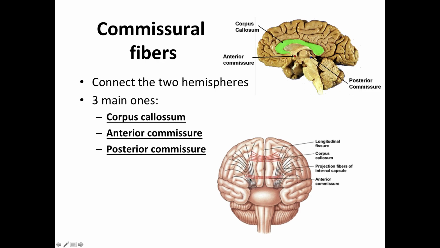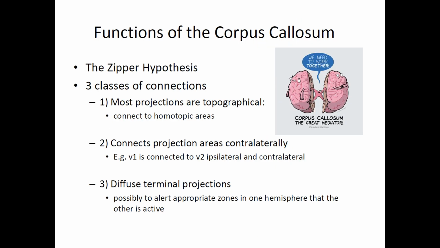So basically, these three fiber bundles connect the right and the left hemisphere to allow for communication between the two hemispheres. And this is very necessary because we talked about all this information that crosses, for example, motor information coming down and our visual system, how it crosses over. So these commissural fibers are really important.